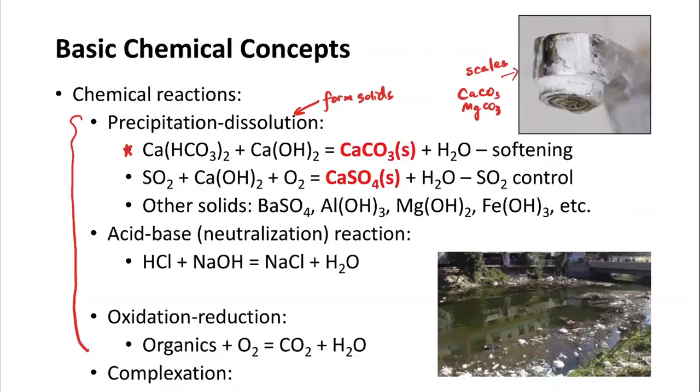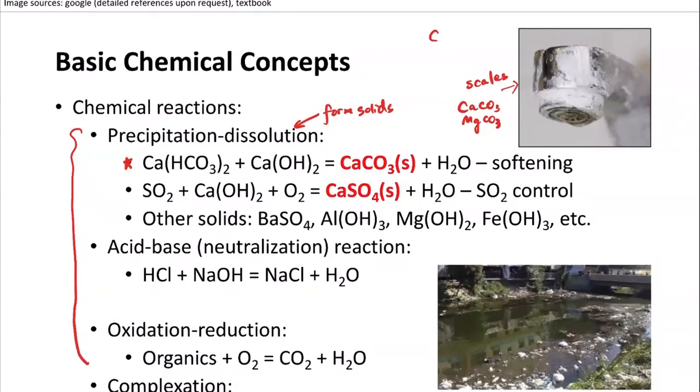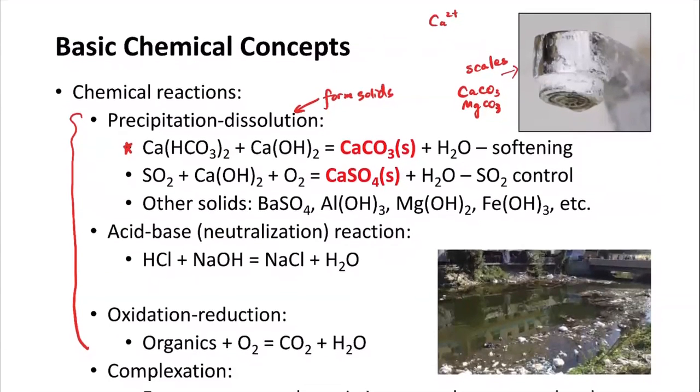Most of them are calcium carbonate. The reason why we have these scales in our home is that in our drinking water, there are quite many calcium ions. Most of these calcium ions exist in the form of calcium bicarbonate. So they have this type of chemical composition.